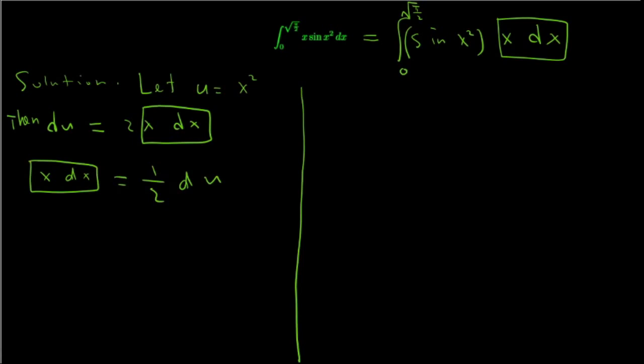Now, in the next step, we want to rewrite the integral entirely in terms of u. In the given integral, this is the x value. I told you earlier, in the new integral, I want you to write everything in terms of u, including the lower limit and upper limit. So we're going to convert these x values to u values so that the new integral is completely in terms of u.